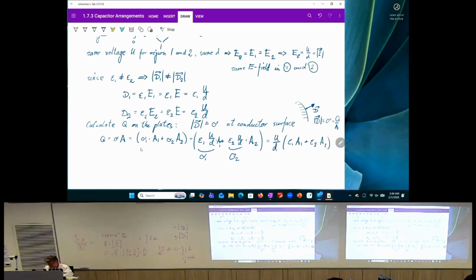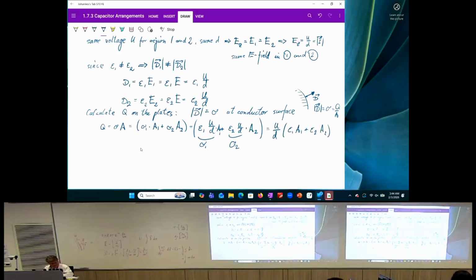And hence we have here the charge, and we have here the voltage applied. And then we know that the capacitance is charge over voltage, so we just bring that over to the other side. Let's take the whole expression.